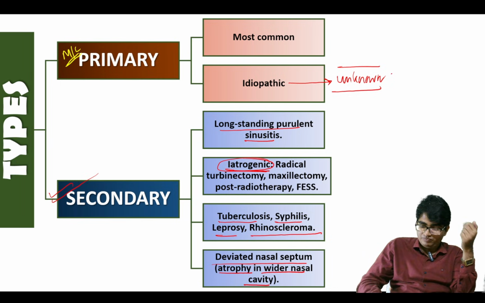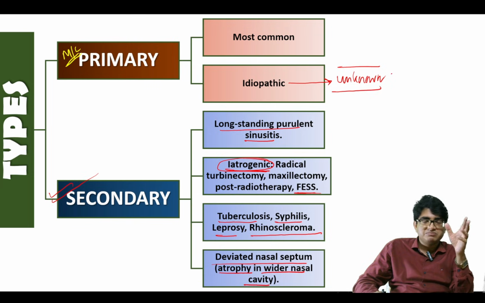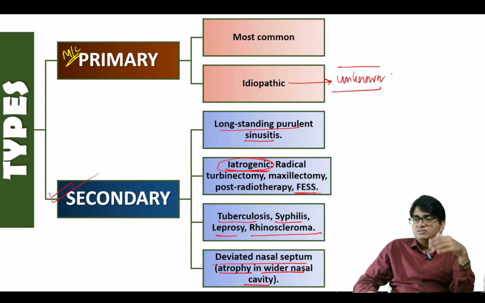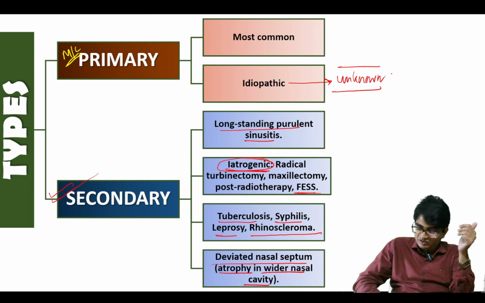How? Firstly, during functional endoscopic sinus surgery. Obviously, we are removing the ethmoids, sometimes the concha bullosa. Because of that, some turbinate parts are being cut out. Along with that, sometimes we do a turbinoplasty and radical turbinectomy procedures.